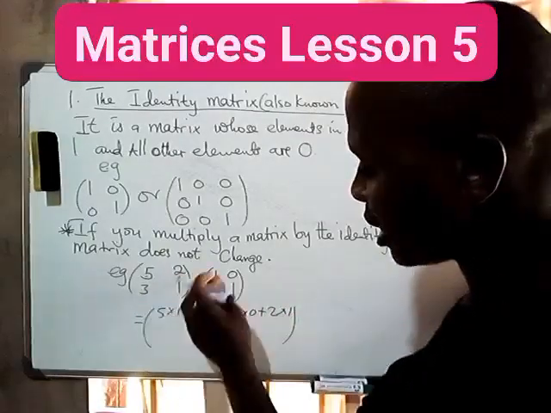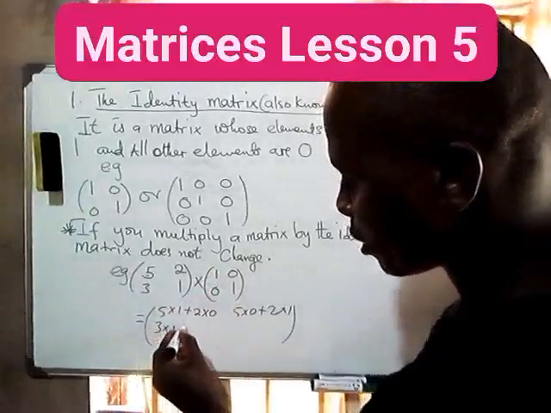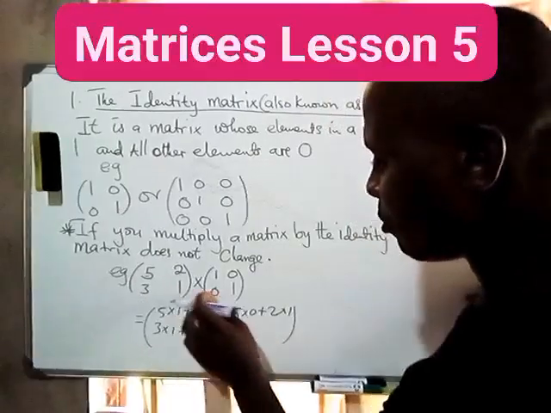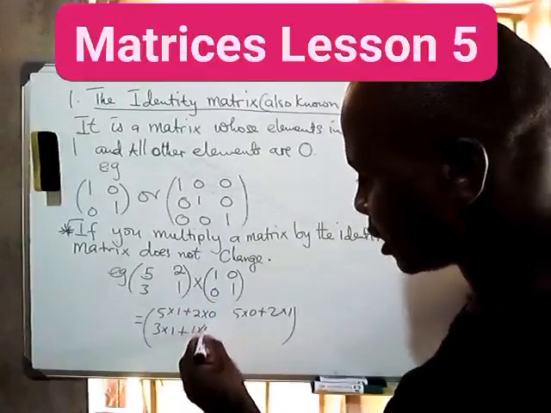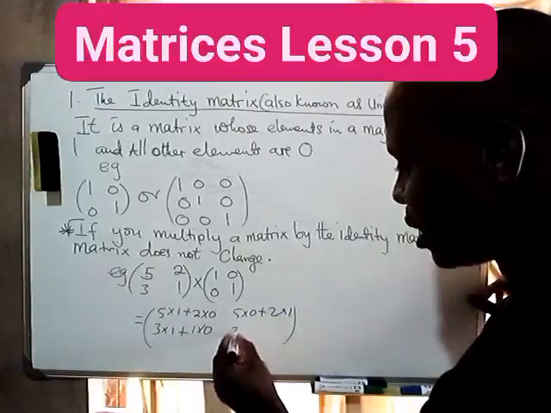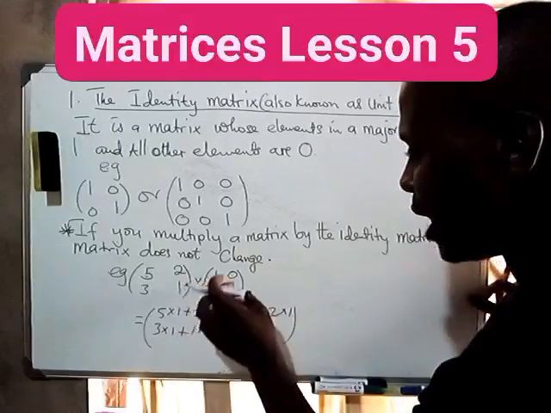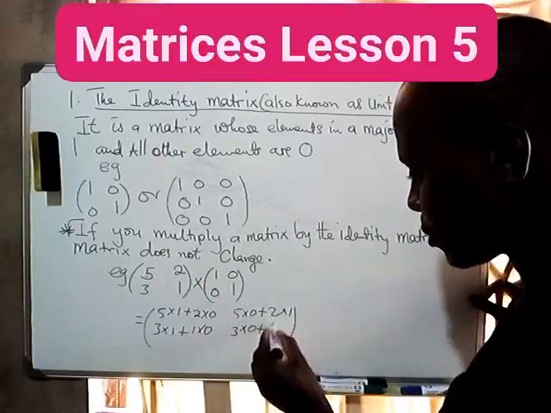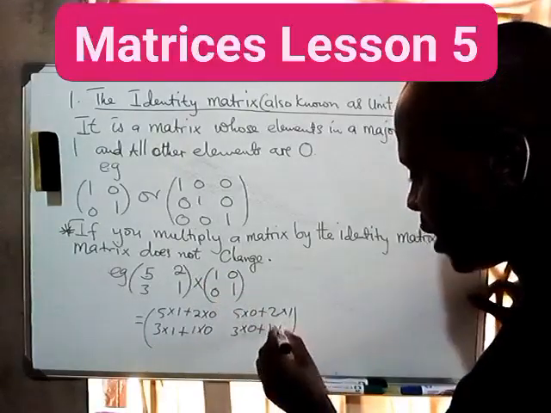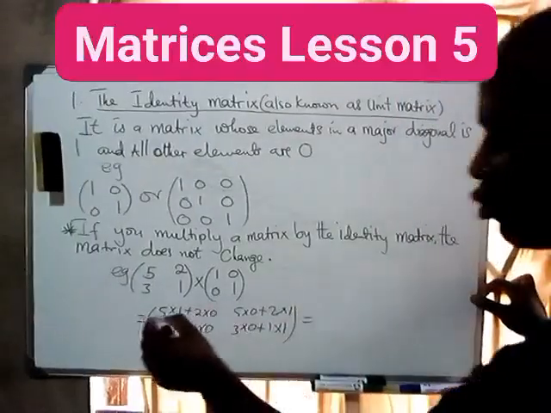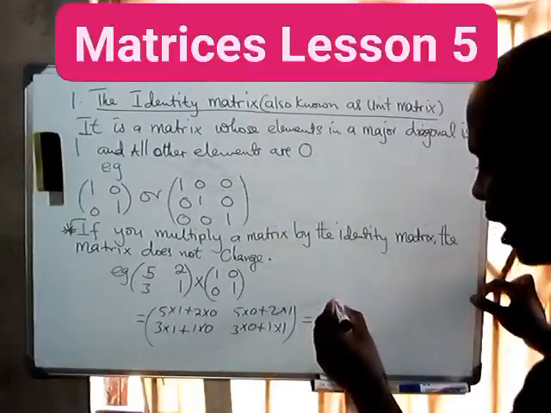Then 3 multiplied by 1 plus 1 multiplied by 0. Then 3 multiplied by 0 plus 1 multiplied by 1.